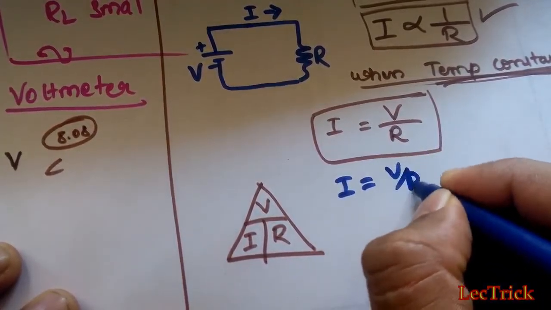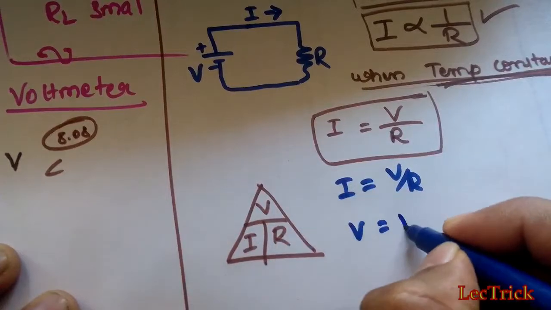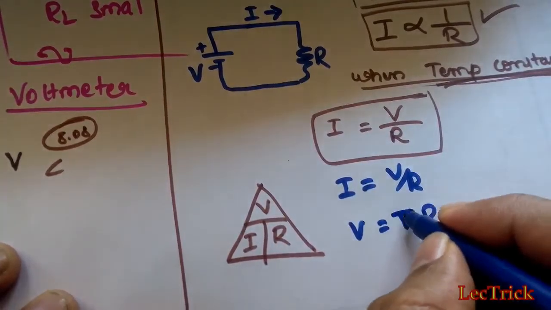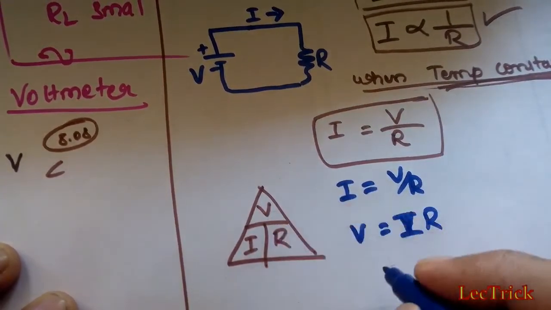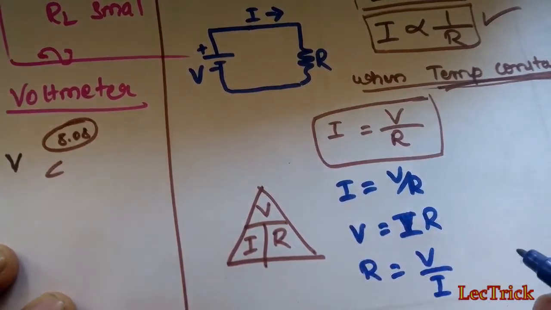I is equal to V by R is one relation. V is equal to I into R is another relation. Then R is equal to V by I is another relation.